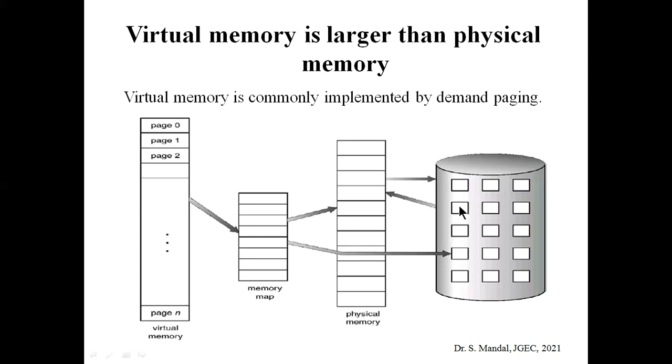From there some pages can be loaded in the physical memory, and some can also be taken out from the physical memory. By using this technique, virtual memory size is quite larger than the physical memory, and we don't need to bother about the size of the particular process.